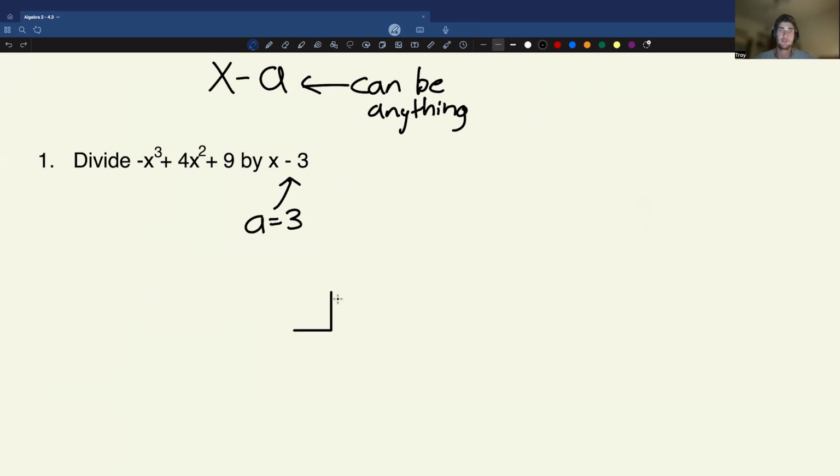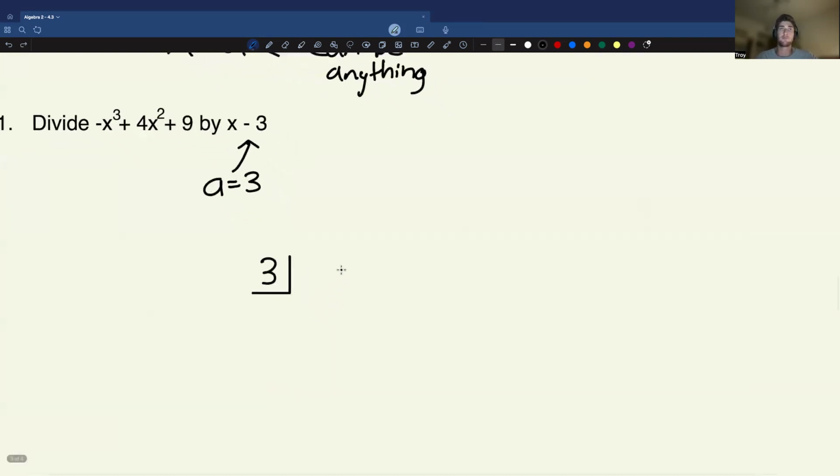So we draw this right angle, like half a box, and we put a in here. So right now I'm going to put 3. I'm not putting negative 3 because it was x minus 3. I'm putting positive 3 because it's x minus a. So if it helps, you basically just need to flip the sign of whatever's in here. Cool. So we put the 3 there.